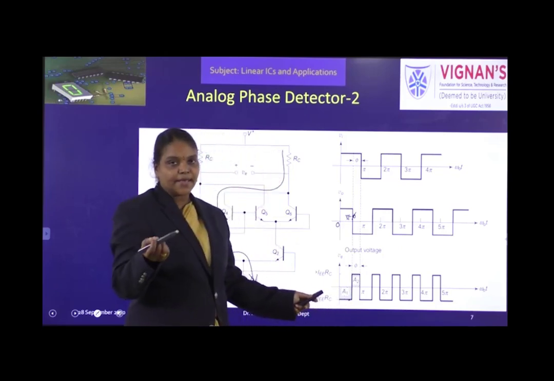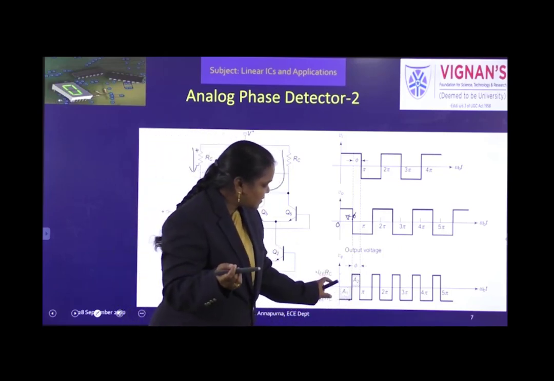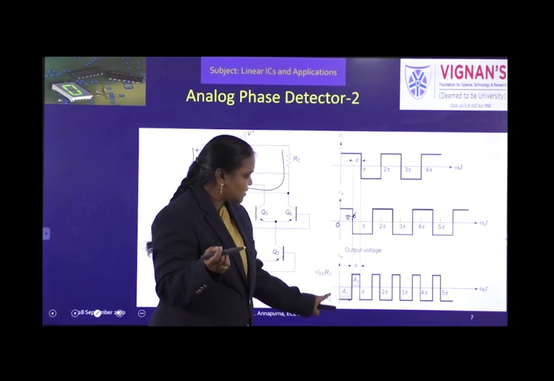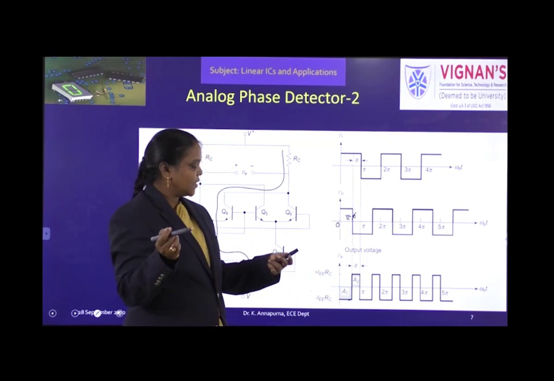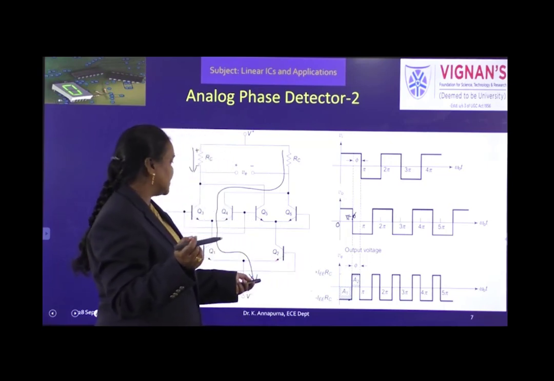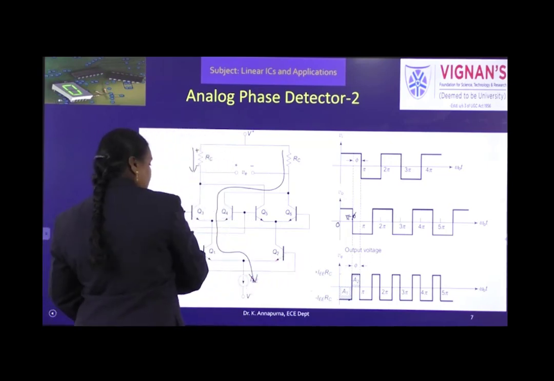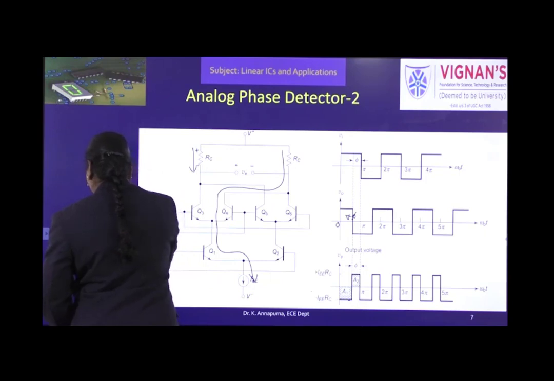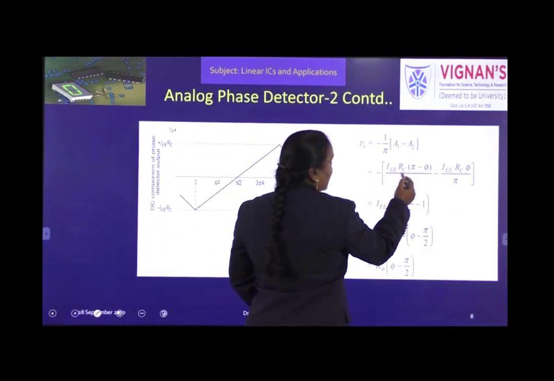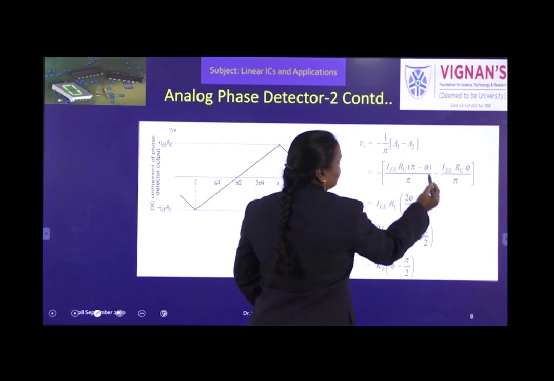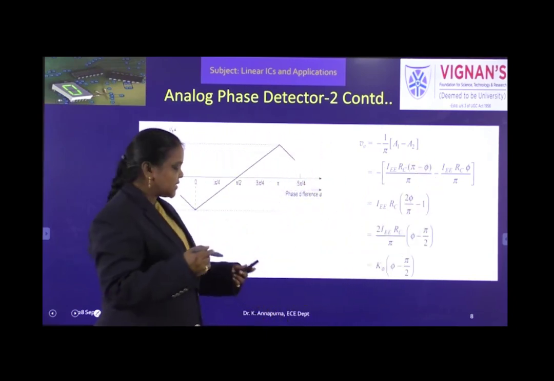Now you are finding the area. So this magnitude is IEE RC and this magnitude is pi minus phi. The product of these two will give you the area A1. So IEE RC into pi minus phi. Similarly, what is the second area?